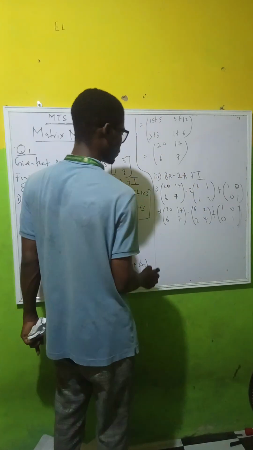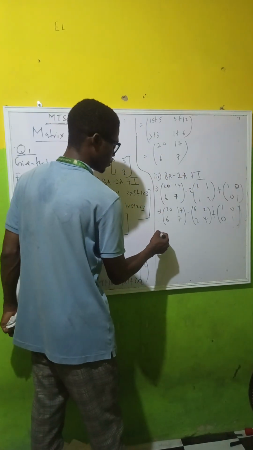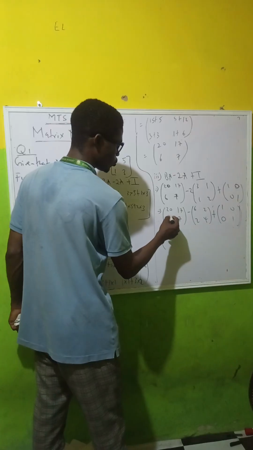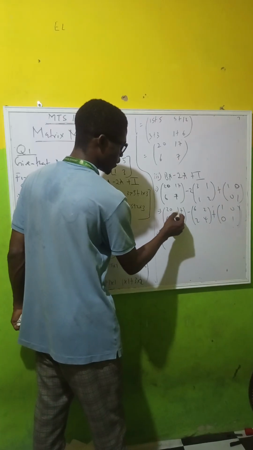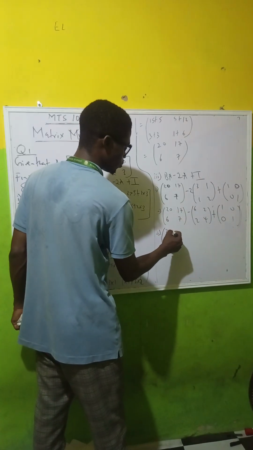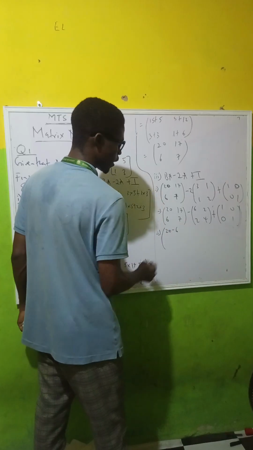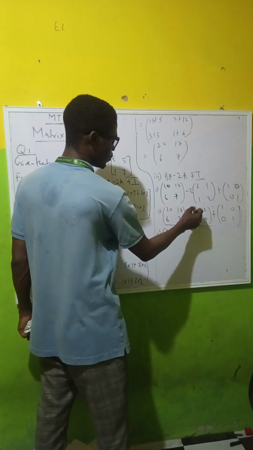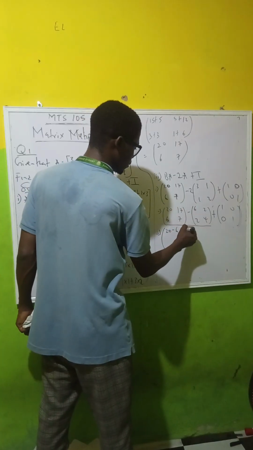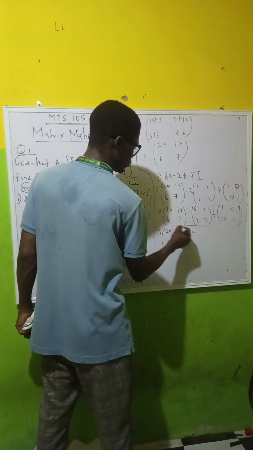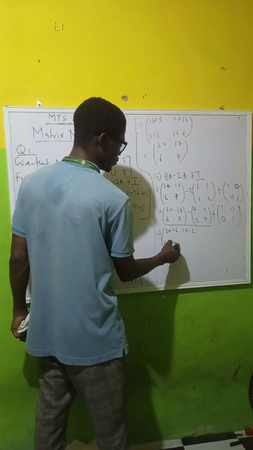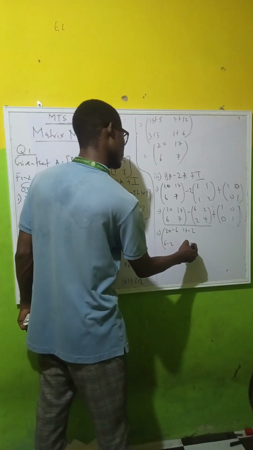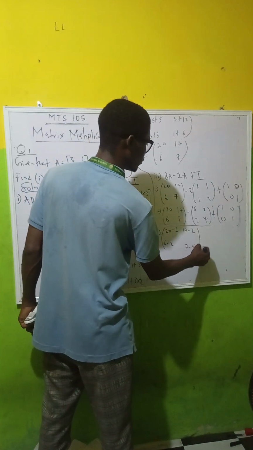Okay, so now let's begin to solve this question. So that will be 20 minus 6. I want to deal with this one first. 20 minus 6. 17 minus 2. 6 minus 2. 7 minus 4.